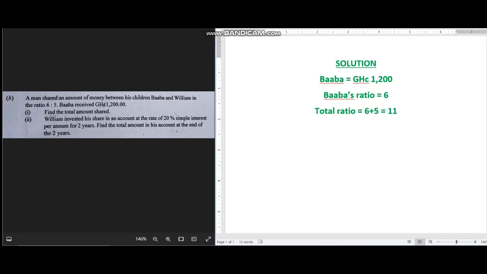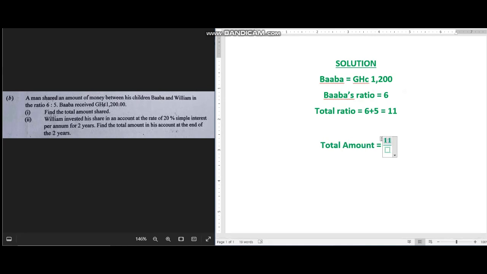So you are just going to put it in this format. You are going to say that total amount should be equal to, because you are looking for the total amount, you are going to use the total ratio as your numerator in a fraction format.